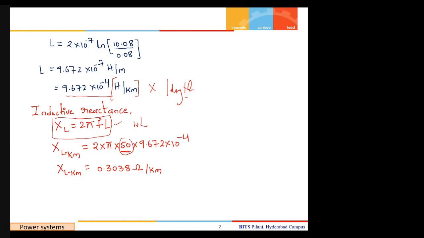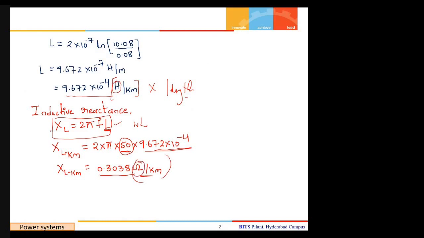In the US, the frequency is 60 hertz, which is constant throughout the country. Multiplying the inductance of the line per kilometer, we get 0.3038 ohm per kilometer. Earlier the unit was Henry per kilometer; now we are getting ohm per kilometer.